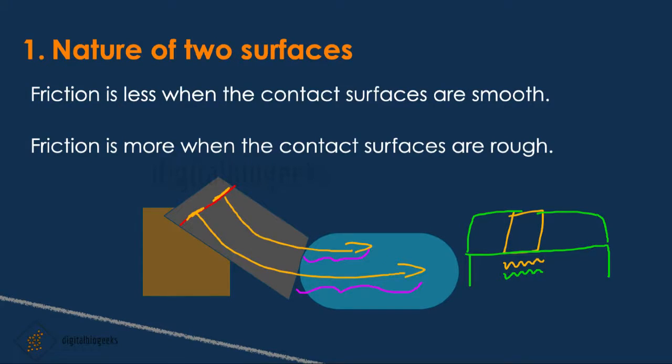Now, these irregularities interlock between each other. This interlocking will cause the friction. On rough surfaces, this interlocking will be more due to larger number of irregularities and the friction will be more. But on smooth surfaces, the irregularities are less, then the frictional force is less.